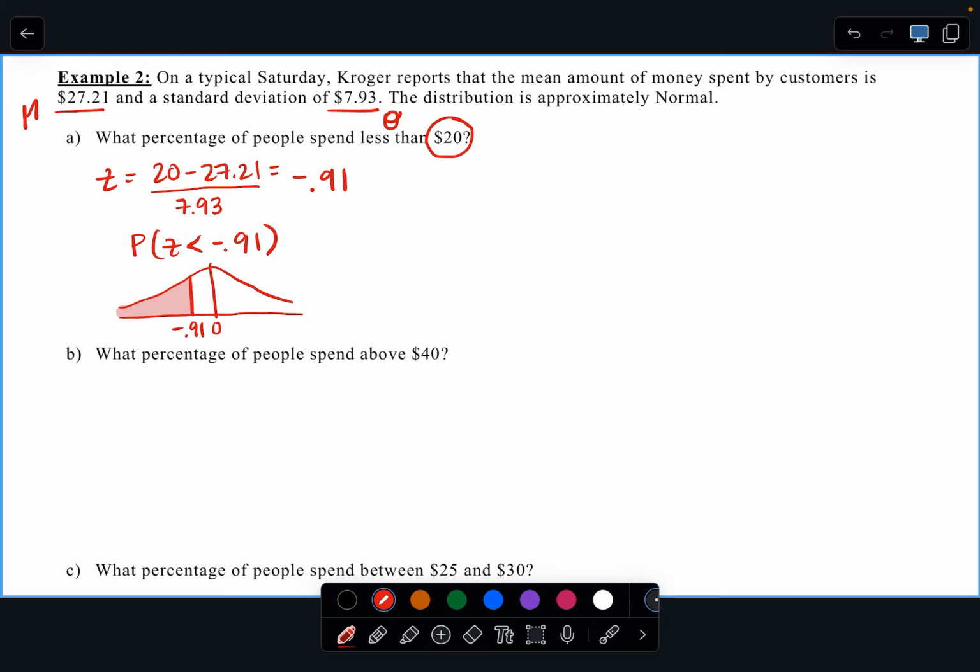Now that I know what I'm interested in, this is a question where they gave me a value, they want a percentage. So I'm going to say normal CDF, and I'm going to do a lower of negative infinity.